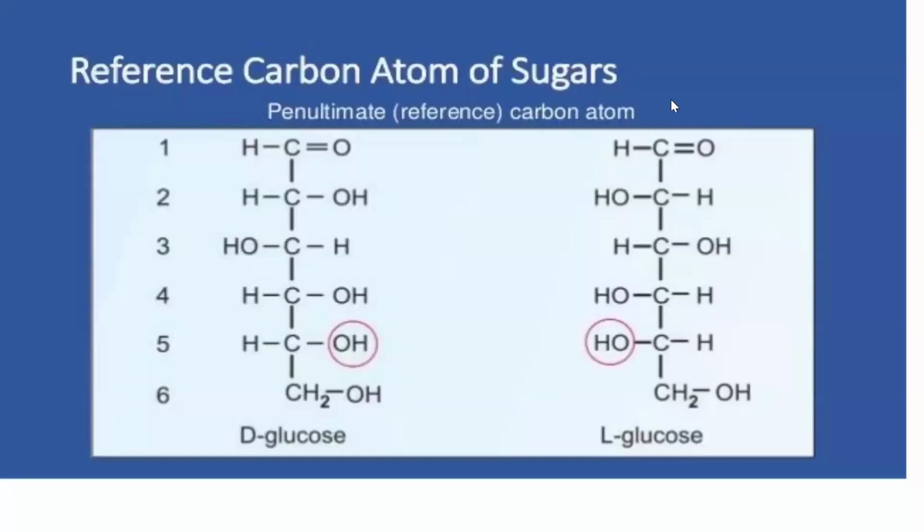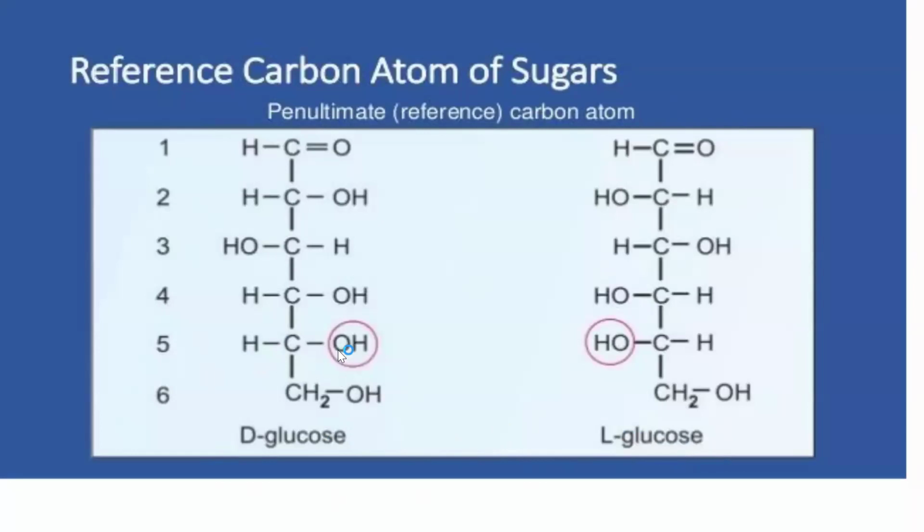And then the next thing is we are going to look at the reference carbon form of sugars. This is glucose, and this is glucose. But what is the difference between the two? One is D-glucose and one is L-glucose. So what is the difference between D- and L-glucose?